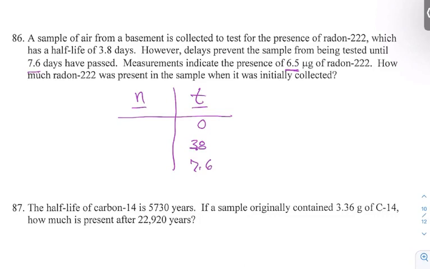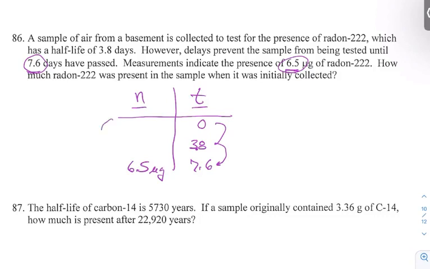So what this is telling me is I've gone through 2 half-lives to get to 7.6 days. And rather than giving me the original amount and I cut it in half, they're telling me at 7.6 days, I have 6.5 micrograms.